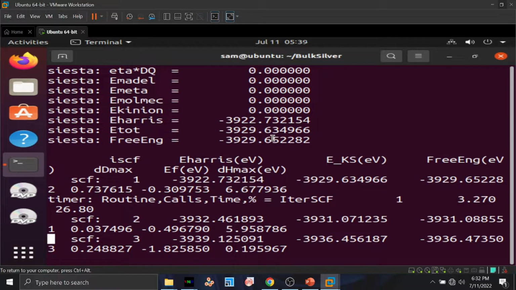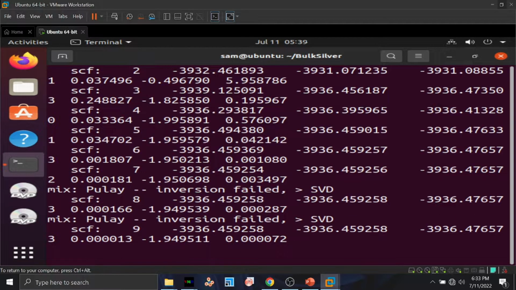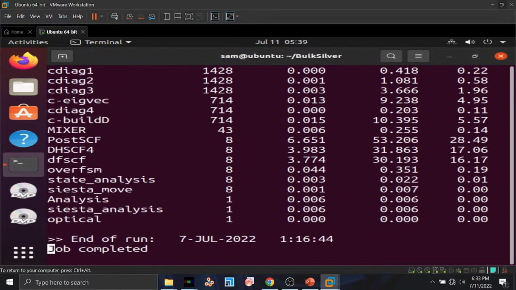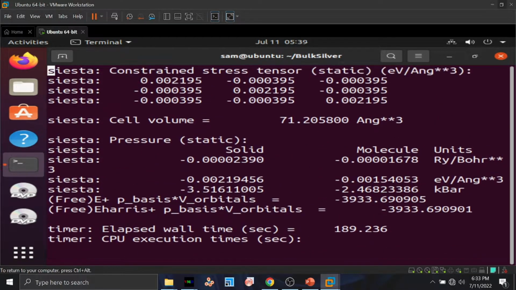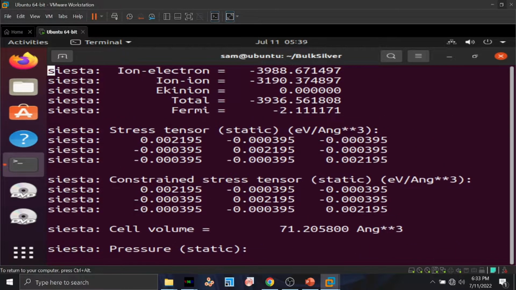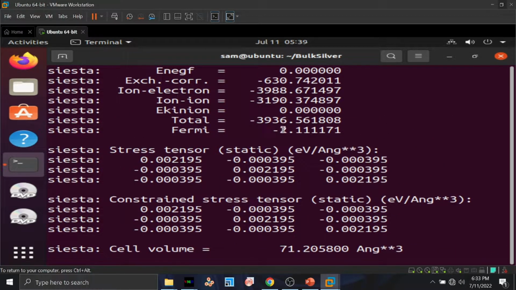And if we go to the end of this file, with shift G I can go to the bottom of the file. So here you can see the total energy in the initial step was minus 3929.63, and now it is minus 3936.56, which means that this is basically the lowest energy.